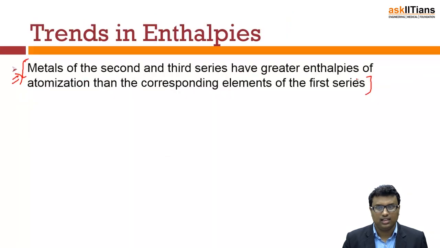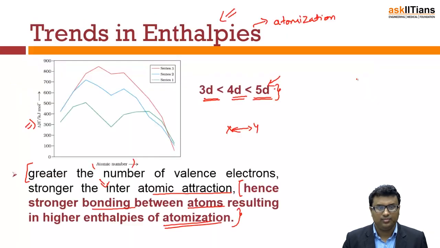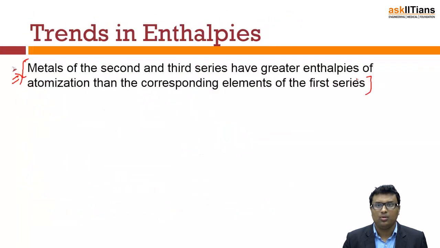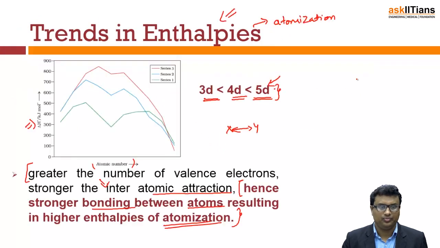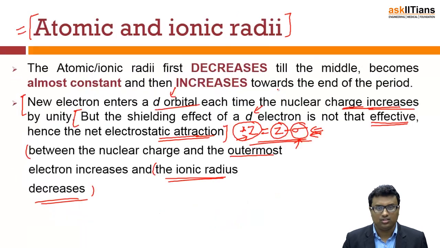So from trends in enthalpies we can understand how the d block elements, the 3d series, 4d series and 5d series, why the 5d series have a higher trend in enthalpies. Even that concept of effective nuclear charge gives an idea.